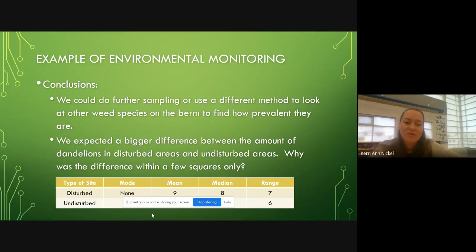We decide what methods we're going to use, and then we do our observations. We compile our results. We analyze those results, and then we come up with conclusions. So summarize what you found, talk about any things that you learned from the study, and then think about further questions, future questions that you could study about.